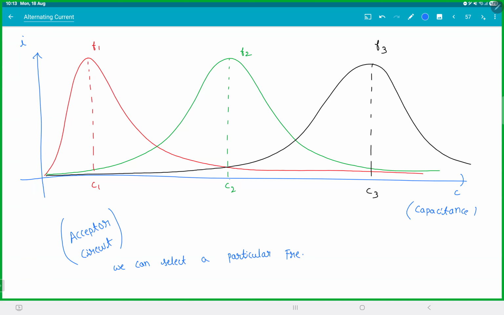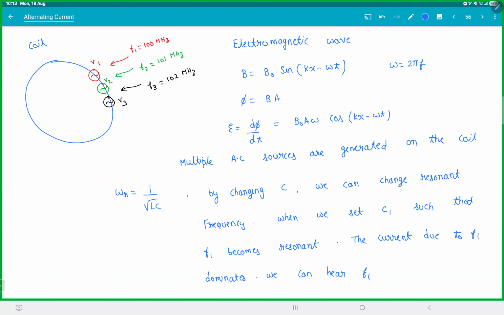This is the whole concept behind your communication. How do you get a signal and how does your phone differentiate between so many different signals? Is this clear, everyone?